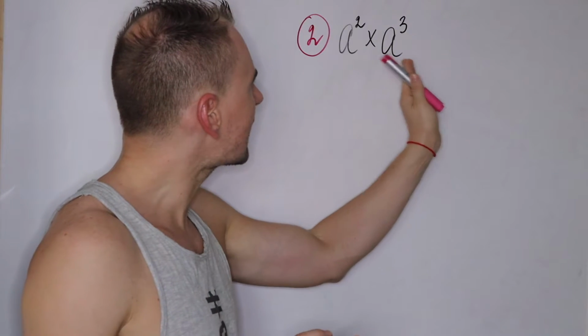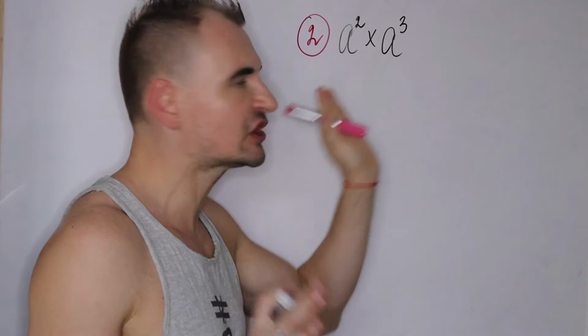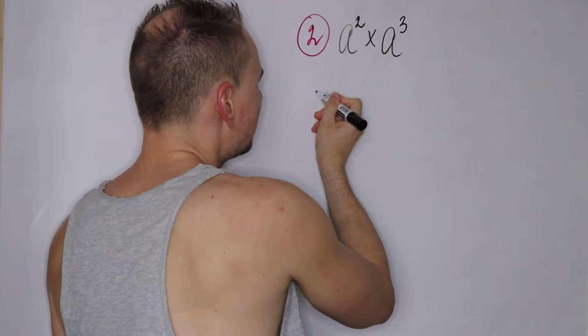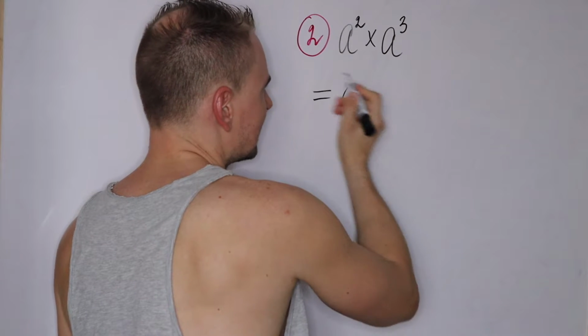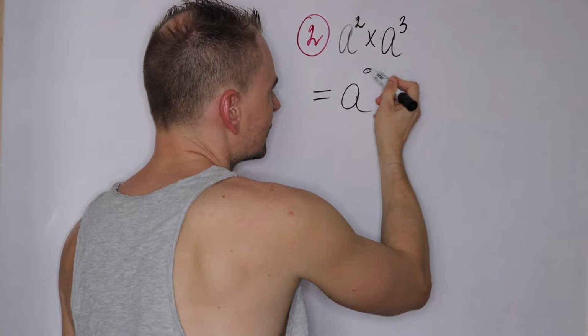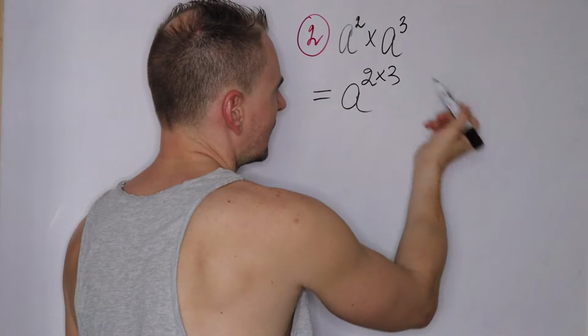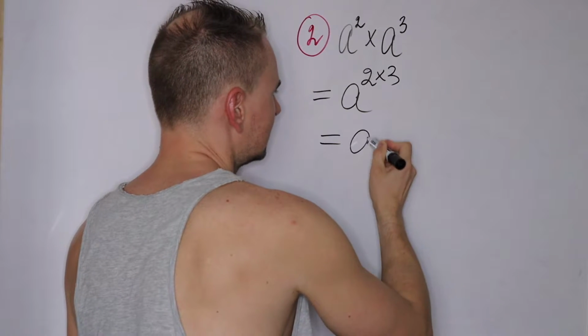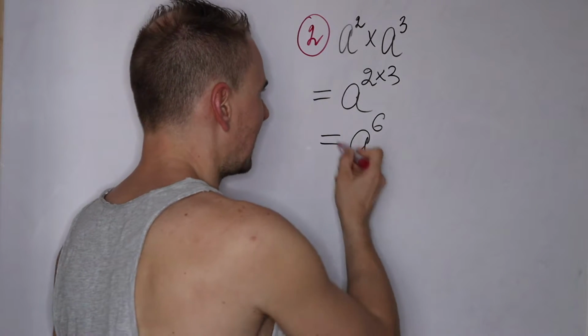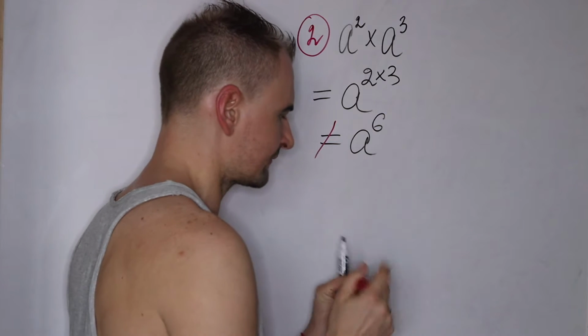Say you have something like this, a squared times a cubed, and you need to simplify this expression. Sometimes people keep this base, which is a, and they multiply powers, so they write 2 times 3. So it equals a to the 6th power, which is completely, totally wrong.